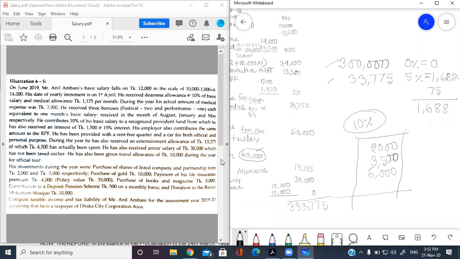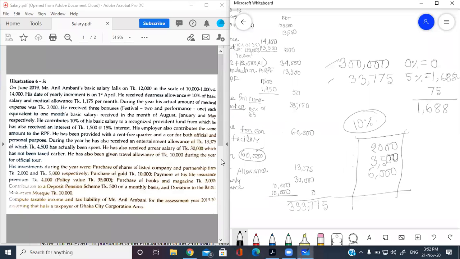Rather, you need to contribute zakat through the government zakat fund, so that you will have the opportunity of getting investment tax allowance. Otherwise, you will not get it.